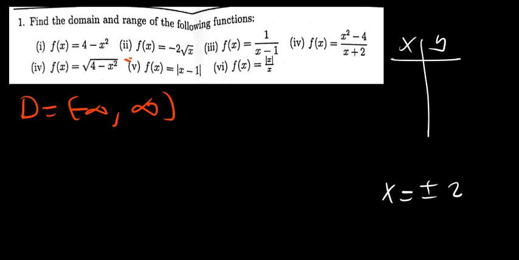So I'm going to start with negative 2 here, then 1, 0, and I can put 2. I can end there. The numbers in between negative 2 and 2 should be included.